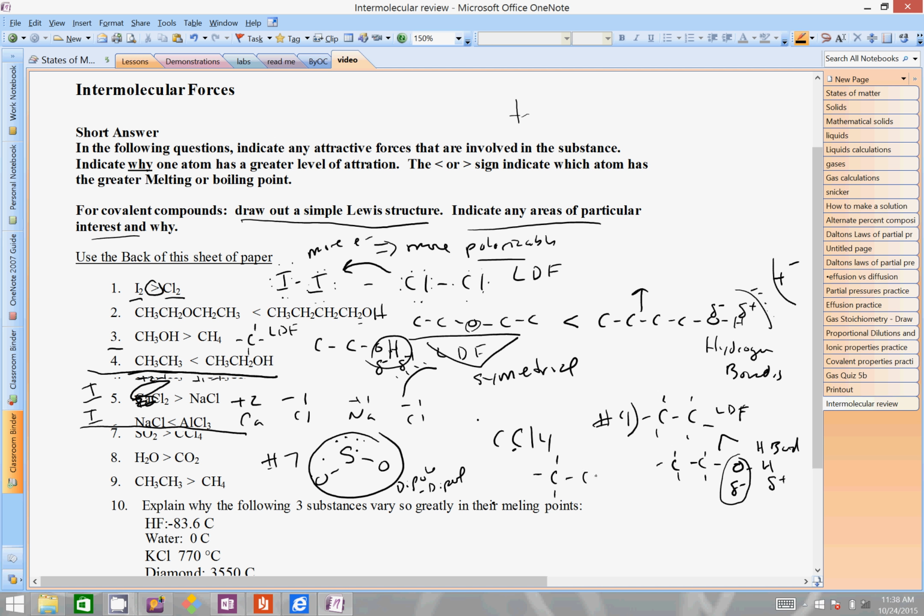It has chlorines all around. Therefore, it does have lots of London dispersion forces, especially because it has so many electrons. But this one is dipole-dipole. It's saying that this guy is above this one.